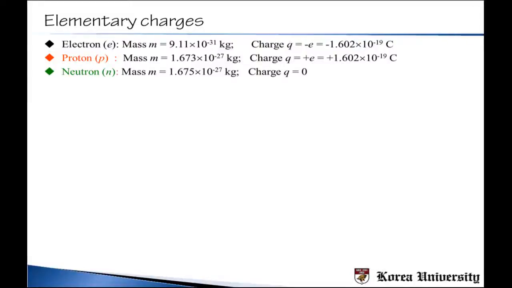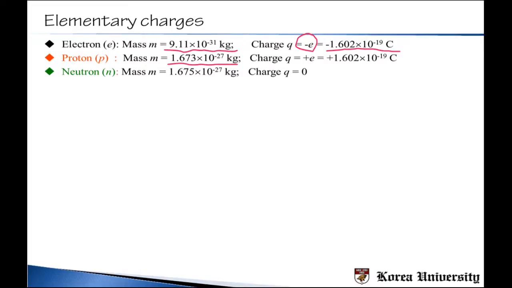So let's review the properties of electric charges once again. The electron, which has a very small mass as shown here, has the charge which is minus e, and the number is shown here. And the proton is in fact much heavier.